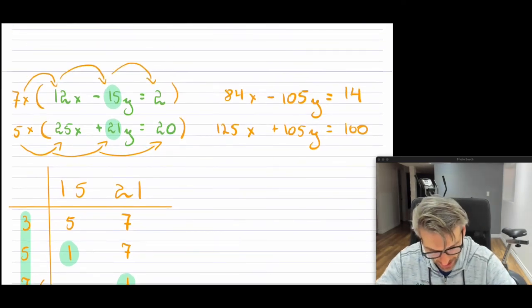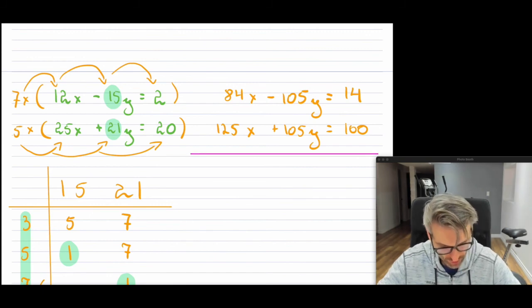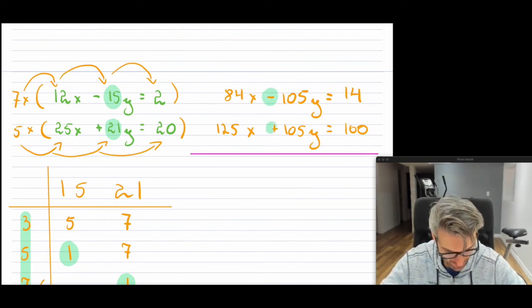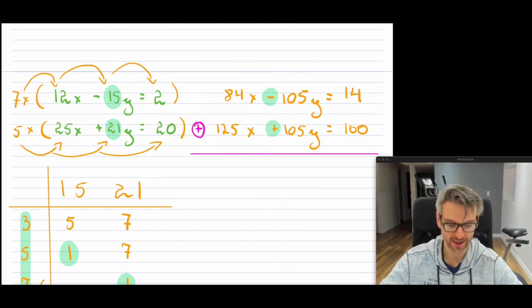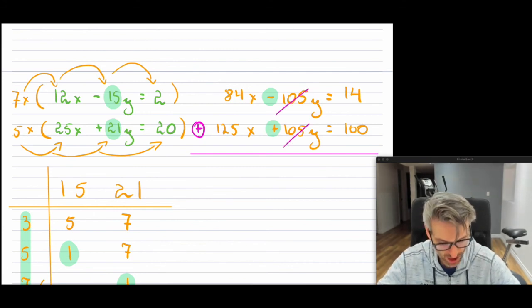And now what I will do is eliminate my y, which is what I originally wanted. Now, how do I eliminate it? Be careful because one is negative, one is positive. So in this case, I'm going to have to be adding the two lines together, because negative 105 plus 105 is going to be equal to 0. So that's going to get rid of my y entirely.